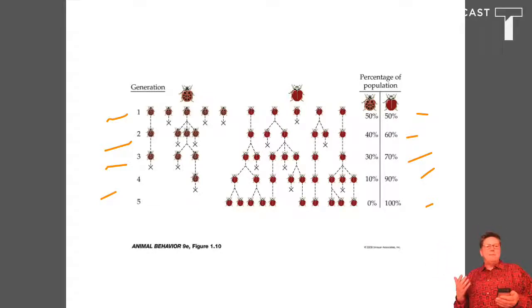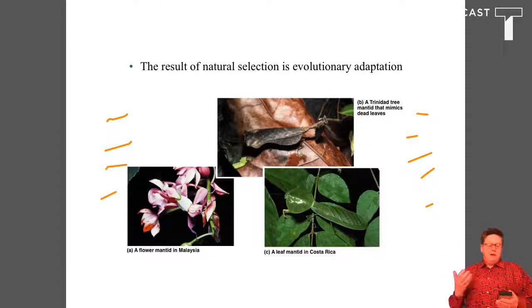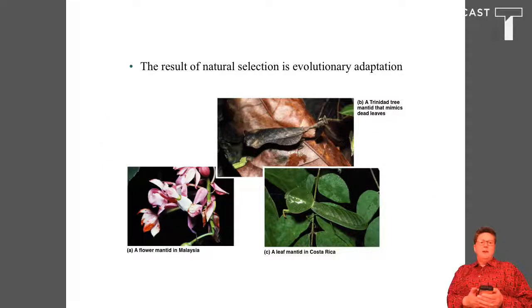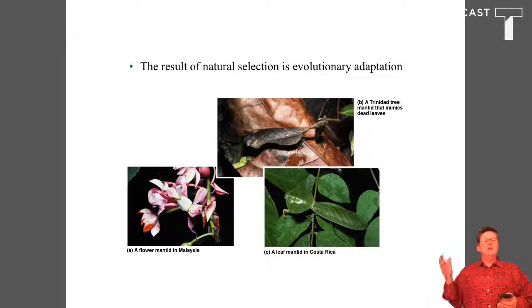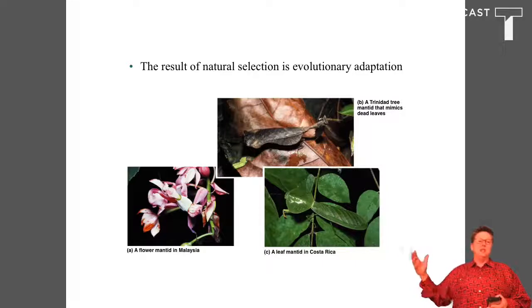In real populations, we may be thinking about many, many more generations, over hundreds of years, thousands of years, tens of thousands of years, long periods of time where the result of many rounds of natural selection is that you get very refined adaptations.